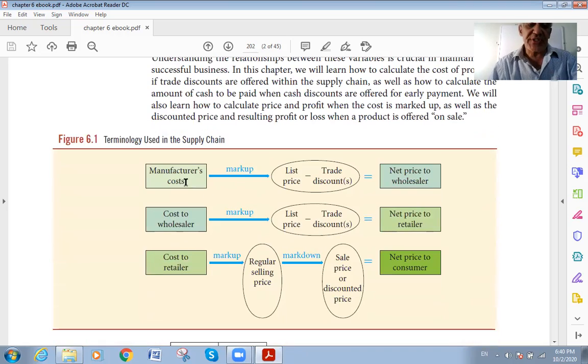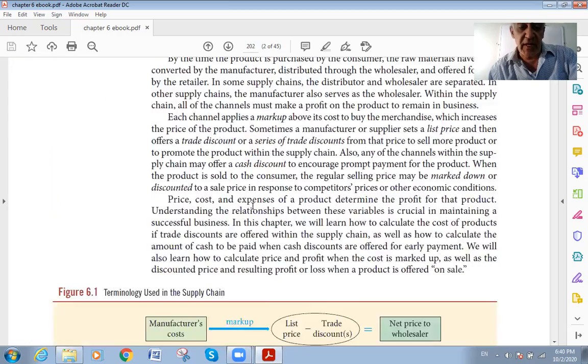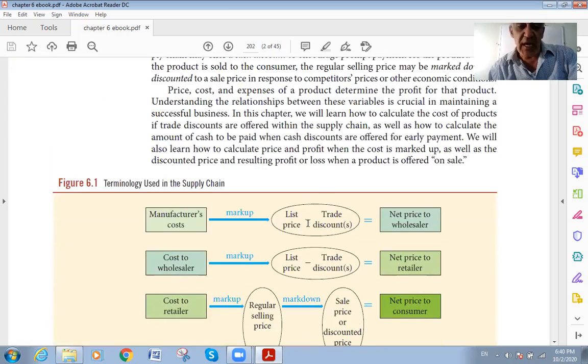Here it shows, from the manufacturer to the second step, the distributor, the list price, which is the price written on the product itself, minus the trade discount gives you the net price.